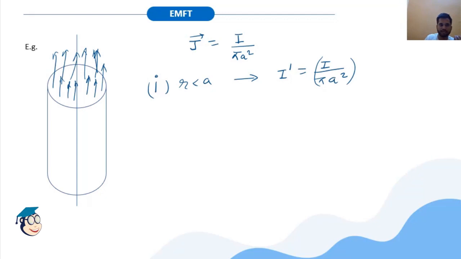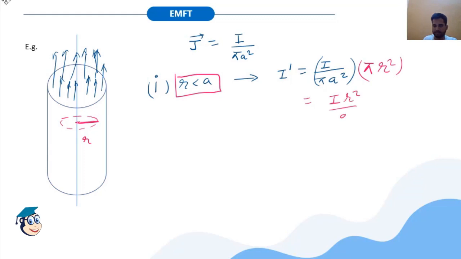Okay, so for the inside case, let's say the Amperian loop is something like that with some radius small r. We are talking about the case of small r less than a. So you have to multiply it with the area of the Amperian loop, which is pi r squared. So this pi cancels, and you will get I dash as I r square over a square.